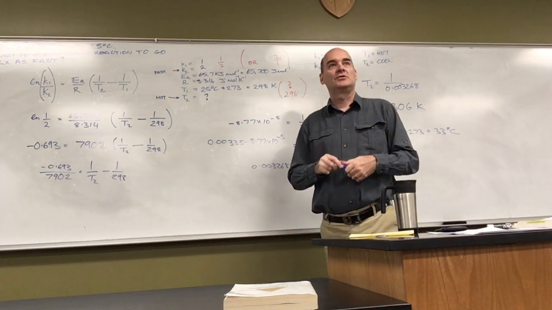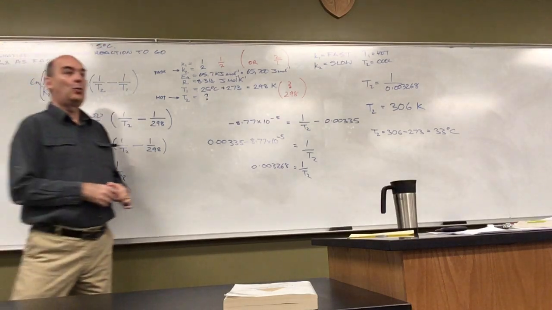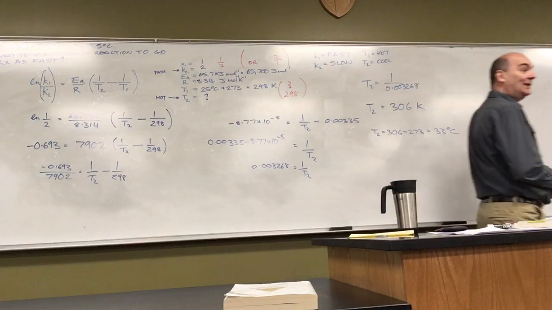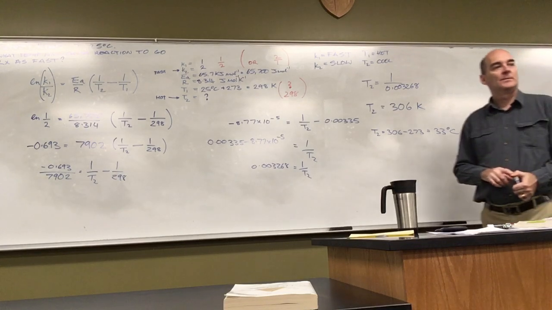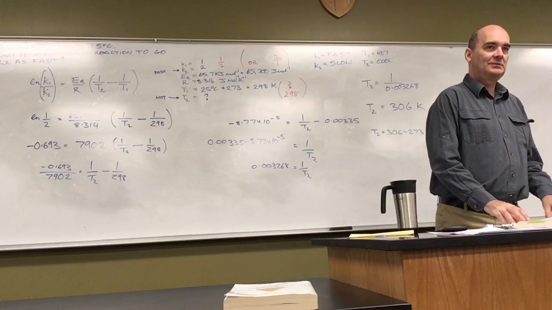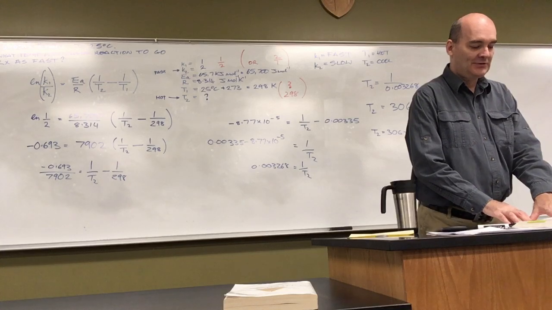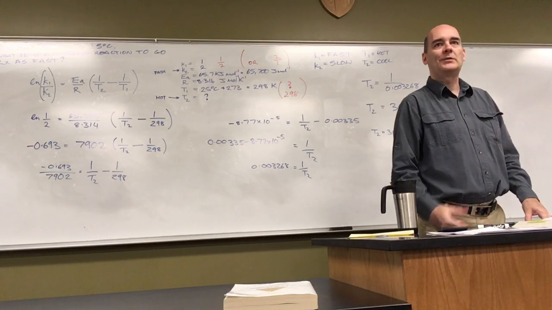So I start at 25 degrees Celsius. If I warm that reaction up an additional 8 degrees Celsius, it goes twice as fast. Be prepared for this question. This question is absolutely on the test in a form that you will have to work all the way through.